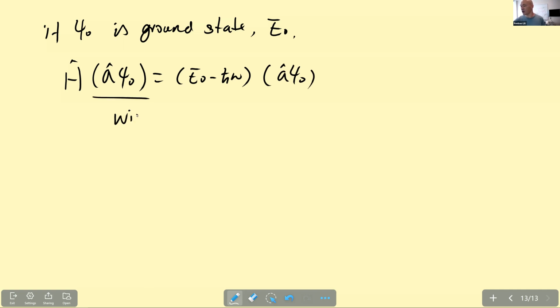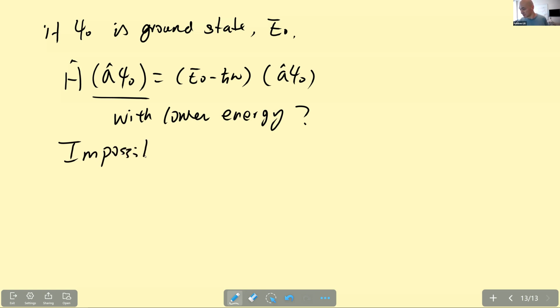So this one has a lower energy. So that means this should be impossible, right? In quantum mechanics, it's impossible. That means the probability equals 0. So that means this state must be 0.